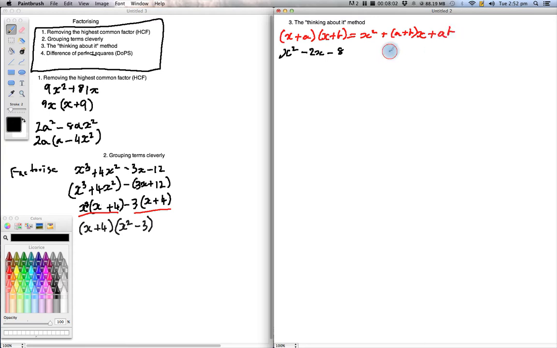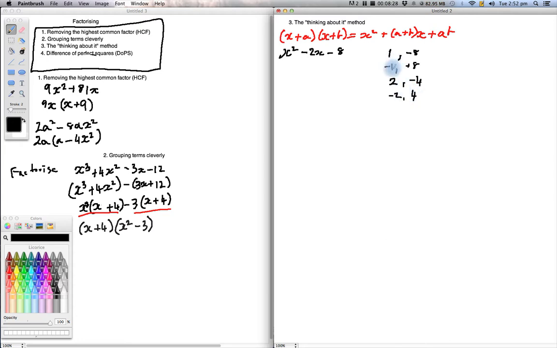Well, it could be 1 multiplying with minus 8, so it could be 1 and minus 8, comma. Or it could be minus 1 and positive 8, or it could be 2 and negative 4, or it could be negative 2 positive 4.